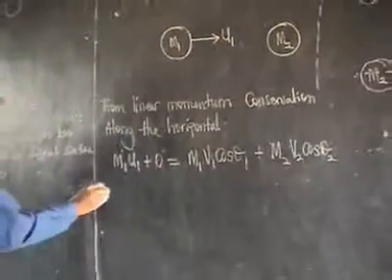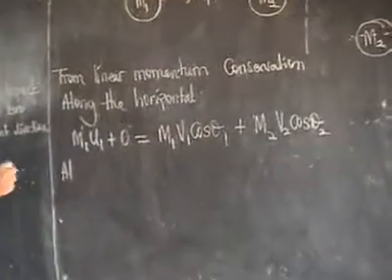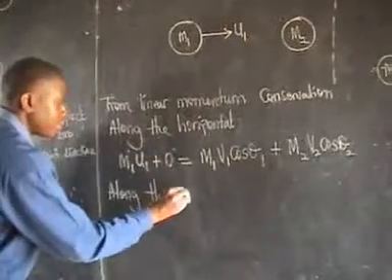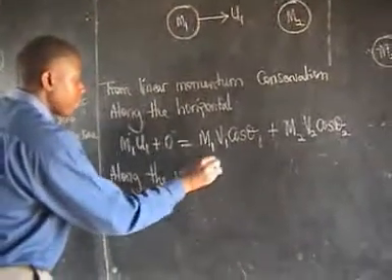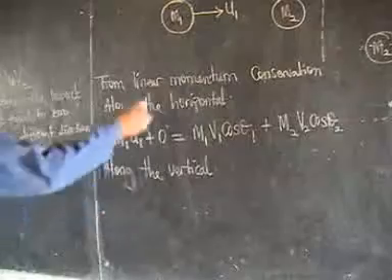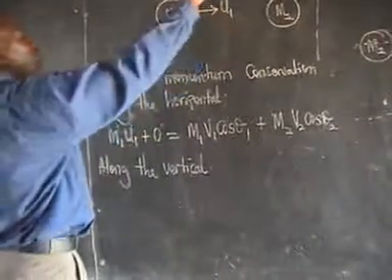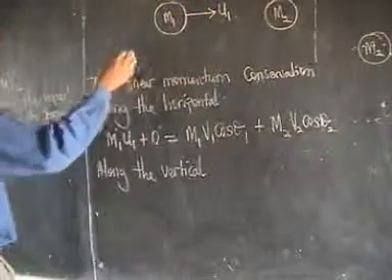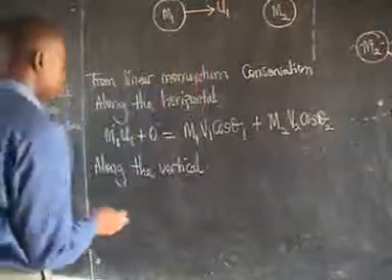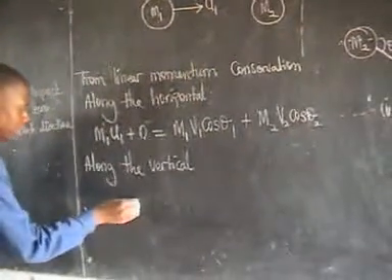Then along the vertical, in this case, u1 has no component along the vertical. Therefore, the sum of the momentum before a collision is going to be 0.